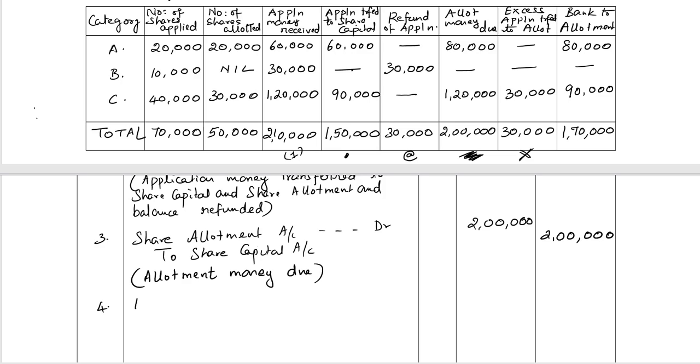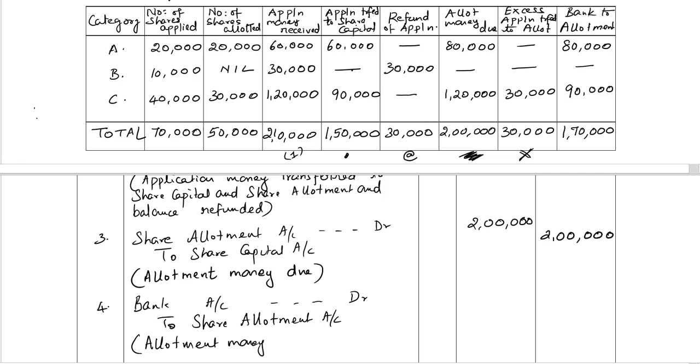Next journal entry for receipt of allotment money, bank account debit to share allotment account for allotment money received.